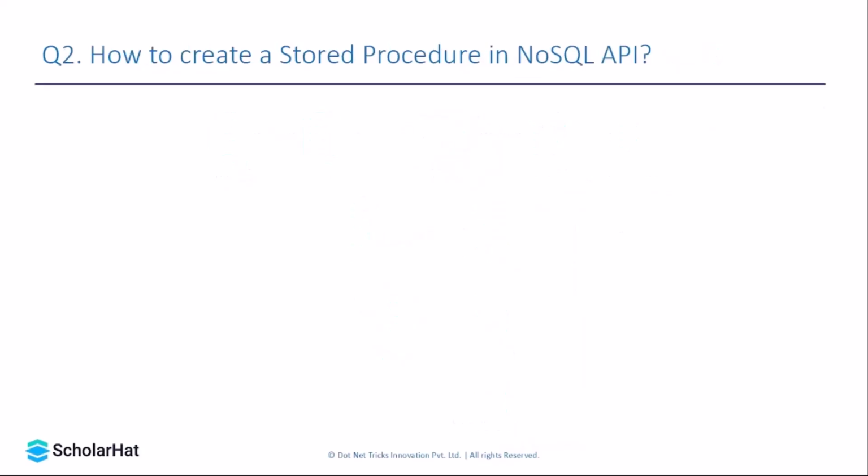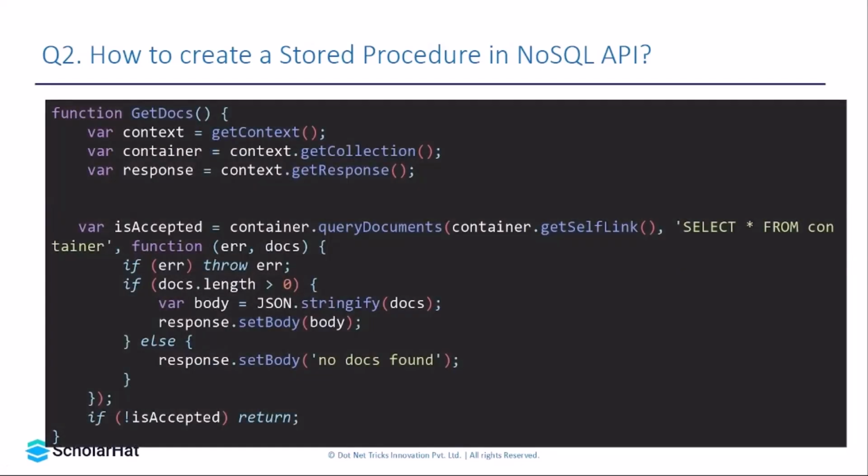Now let's move to our next question: how to create a stored procedure in NoSQL API. In order to create a stored procedure, you have to write something like this. The first thing you need to make sure is that the code that we write in the NoSQL API for Cosmos DB is based on JavaScript. JavaScript is the primary language for Cosmos DB interaction in order to create stored procedures, triggers, or user-defined functions.